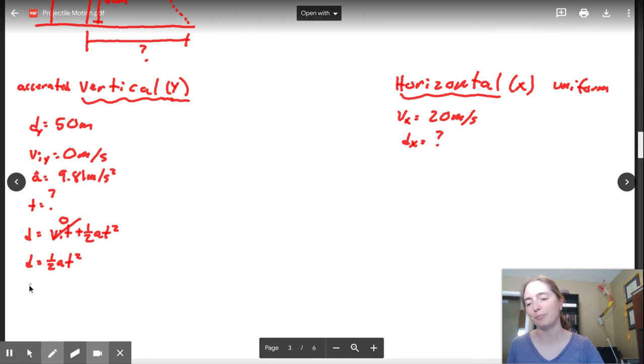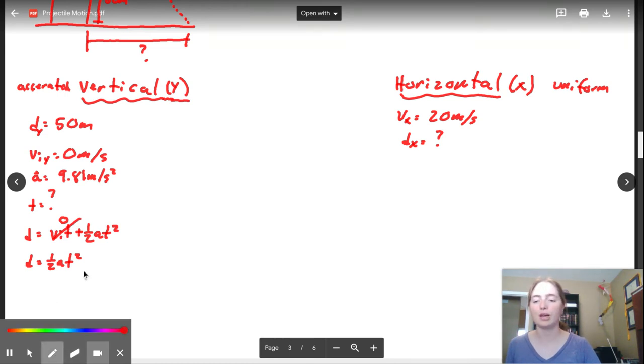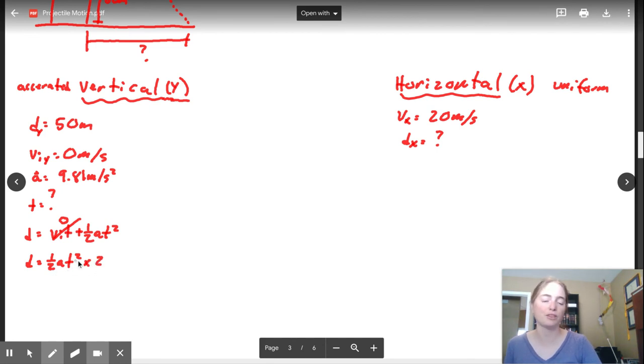Okay. So, ladies and gentlemen, now we can rearrange this. So what I'm going to do is I need to get t on its own. So I'm going to multiply by 2 to get rid of that half, or you can divide by half, I don't care. And then I am going to divide by a to get rid of them. And I'm going to do that on both sides.